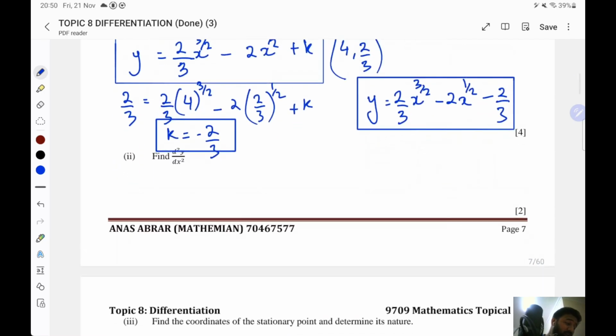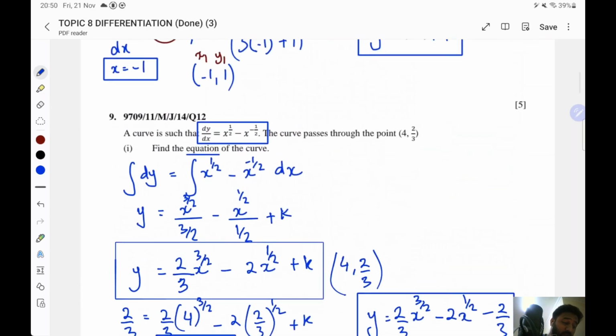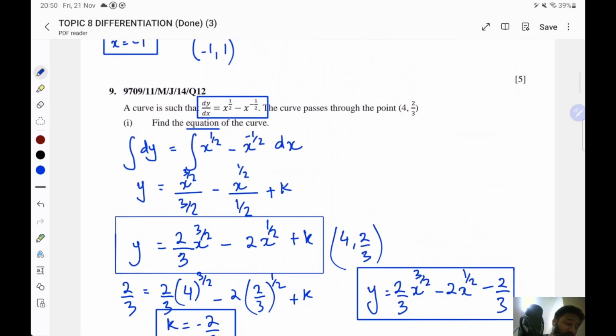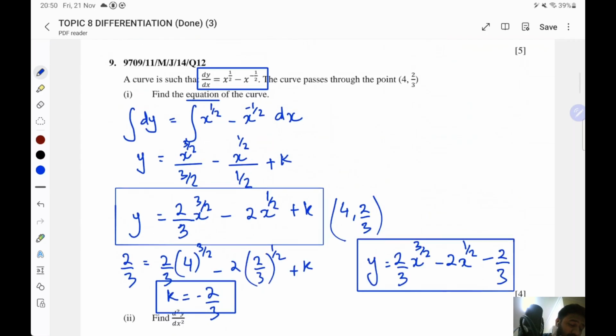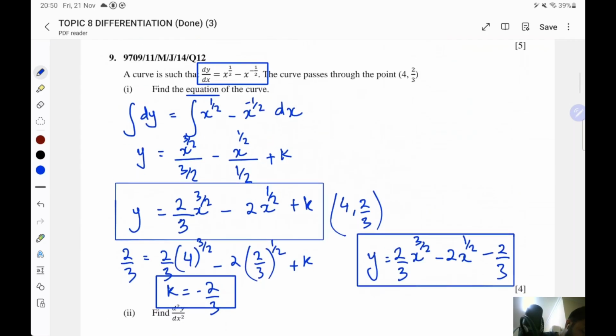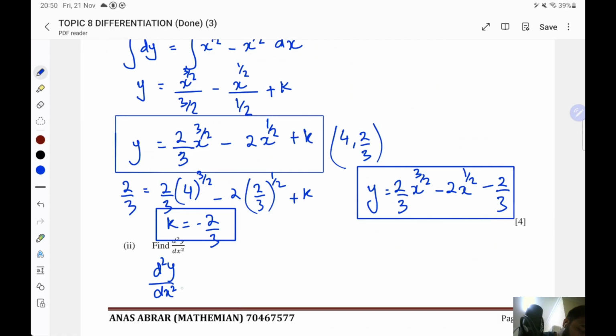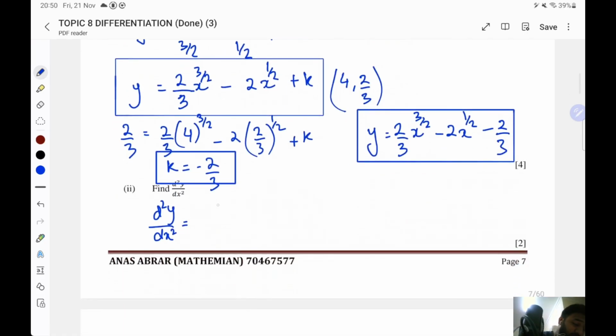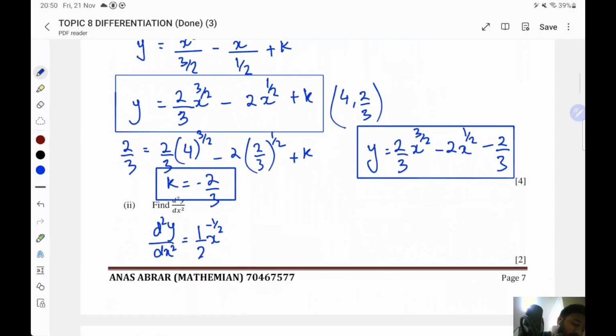Now we need to find out the second derivative, which is of this derivative. So that's very simple and easy. So d square y over dx square will be 1 by 2 x power minus 1 by 2, plus 1 by 2 x power minus 3 by 2.